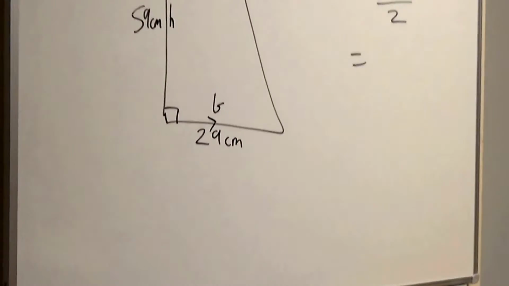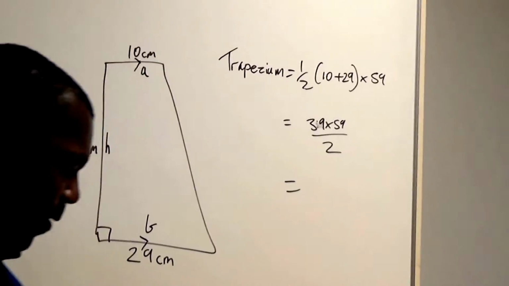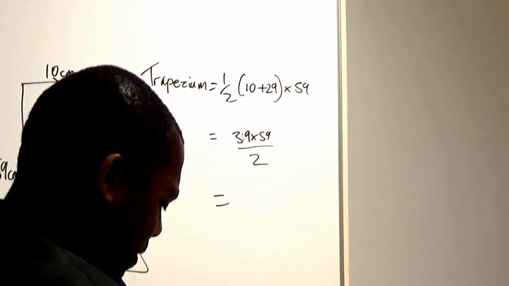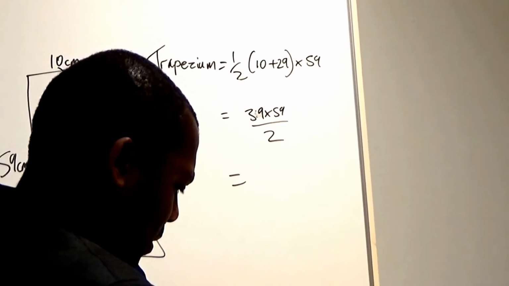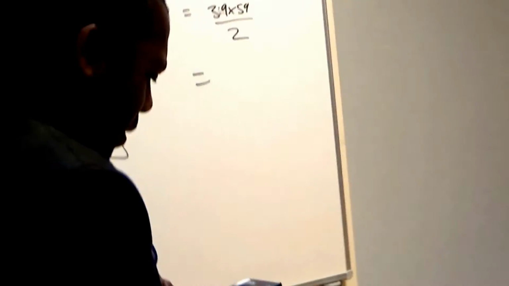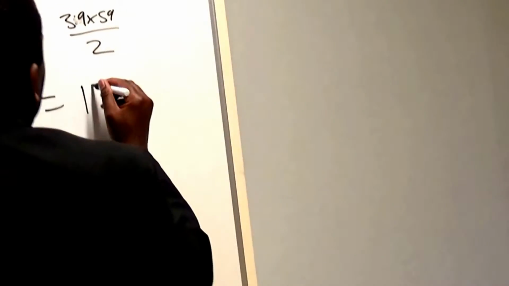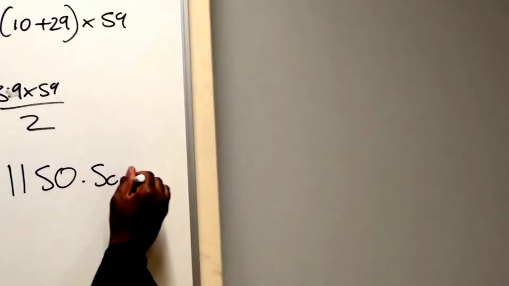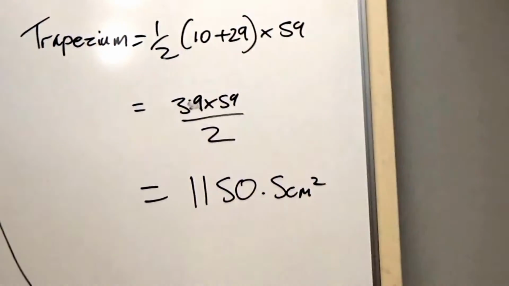We'll work that out on the calculator. 39 times 59, then divided by 2, that's 1,150.5 centimetres squared. So I can go back to my list over here.